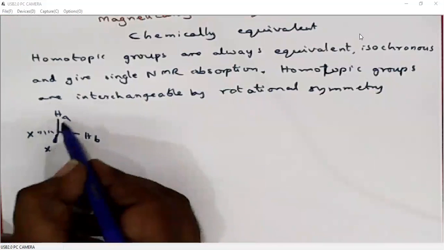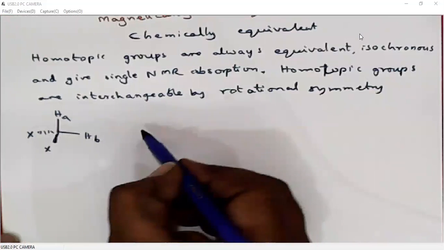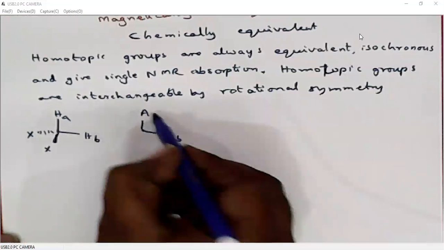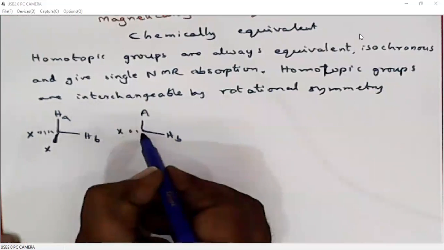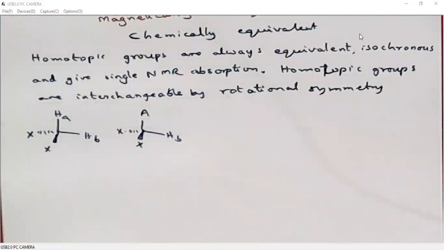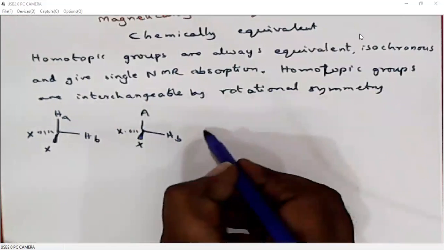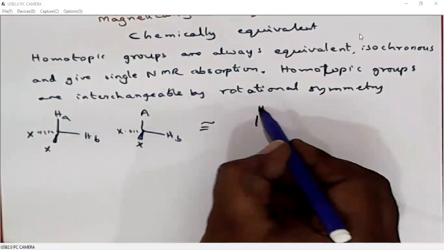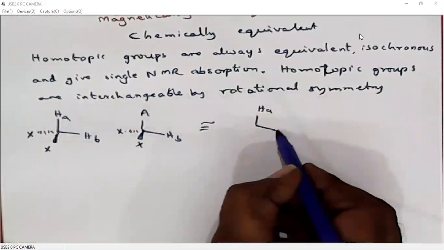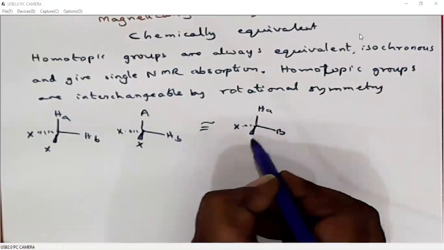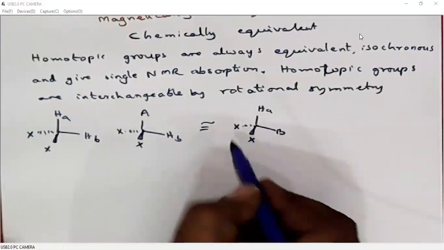Even if we replace HA with some other element, now also it doesn't become chiral. If I replace B with some other element, then also it doesn't become chiral because these two are the same.